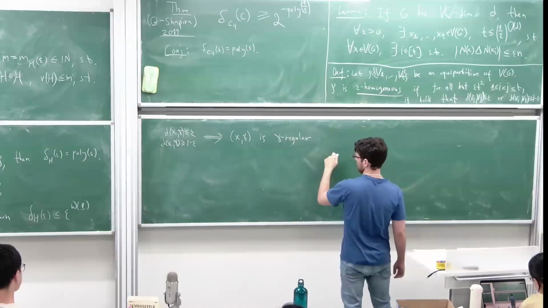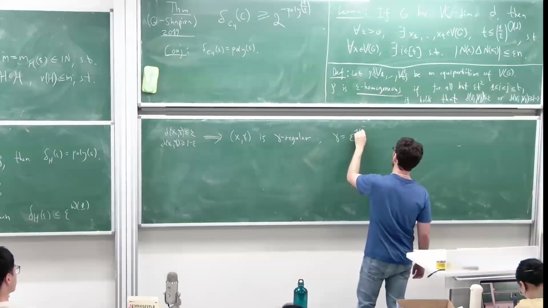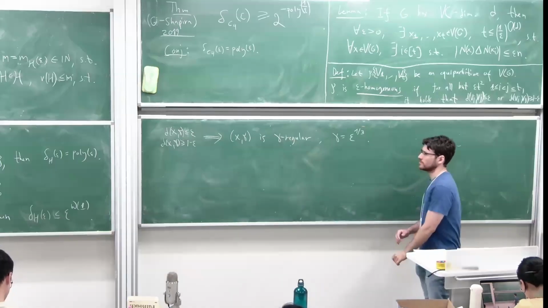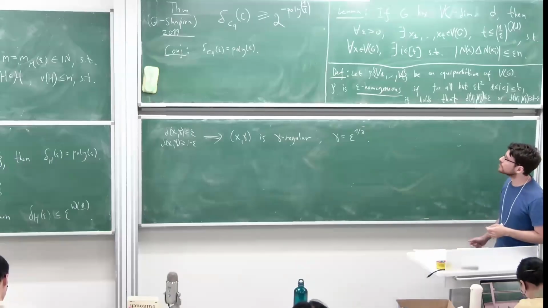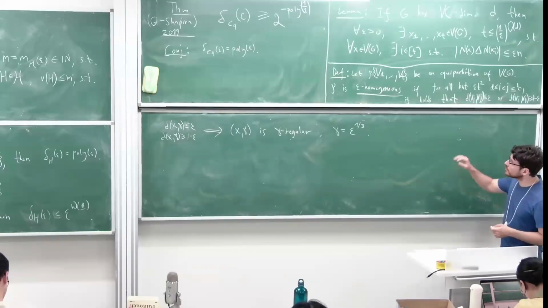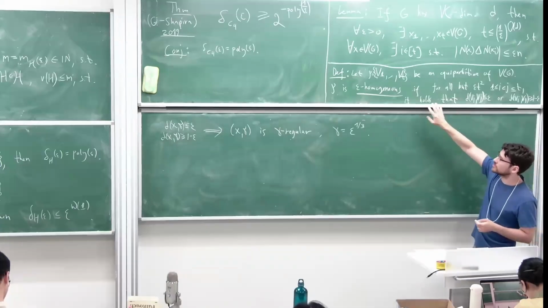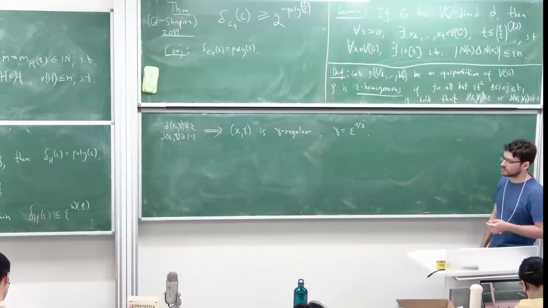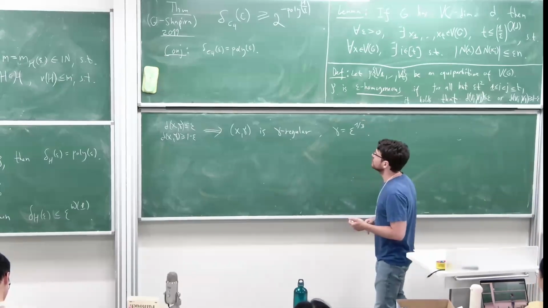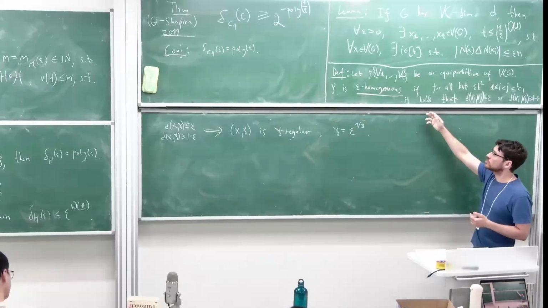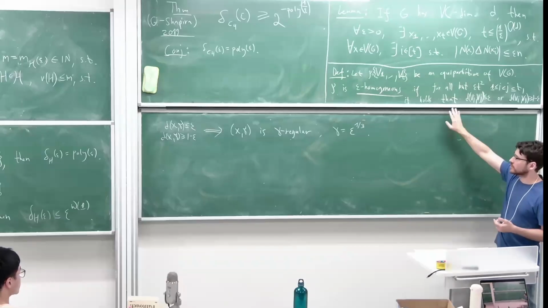You can work out exactly what it is. I think it works with gamma like epsilon to the 1/3. It wouldn't matter really what it is, just that it depends on epsilon. In fact, it depends polynomially. So this is a stronger notion than regularity. In particular, an epsilon homogeneous partition is regular, so it's gamma regular for some gamma. We know that every graph has a regular partition, but it's not true that every graph has a small homogeneous partition, right? For example, for a random graph, you cannot expect to have anything like this.